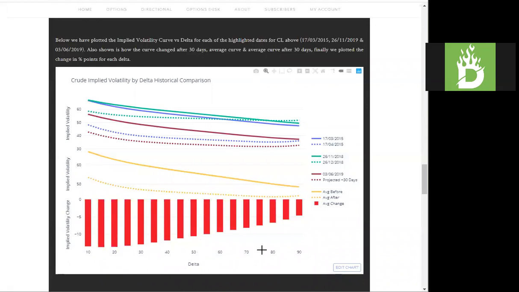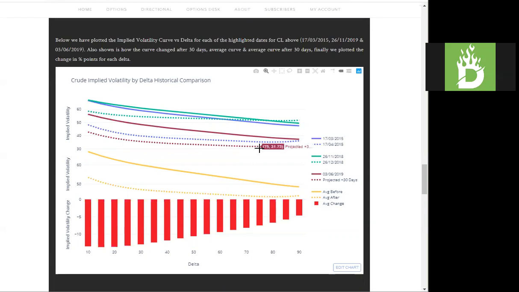This is just the way that the charting platform I'm using here was displaying it. So here we've got the 50 delta in the middle, and then the puts are right, and you can imagine that we're going the opposite way for the calls. So the 60 is actually a 40 delta, 70 is the 30, and then all the way to 90 is the 10 delta call. All right, so it's pretty simple.